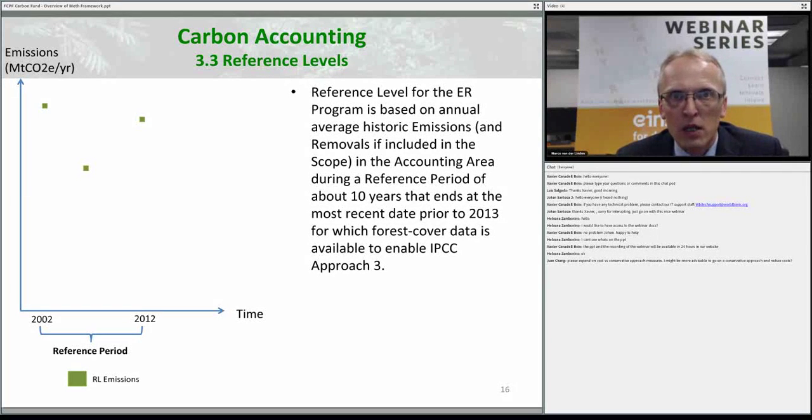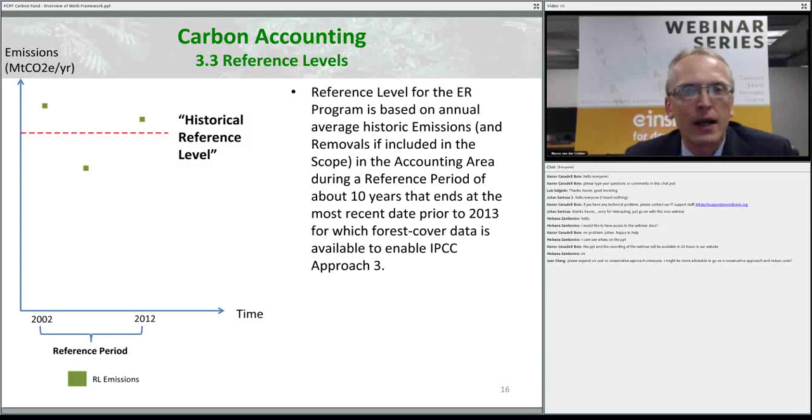So in the left-hand example, if we have 3 points, we would calculate annual average historic emissions. It would look something like that. It's not exact, but basically it's one number, a flat line, and that number would be your reference level going forward if you're developing a program.